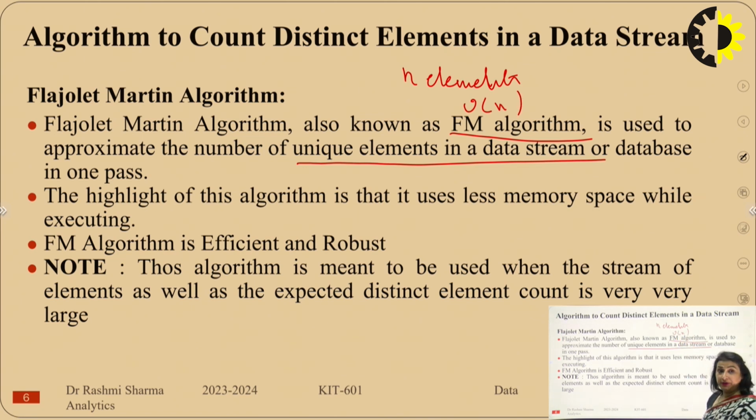I highlight that this algorithm uses less memory space while executing. Definitely this is a very efficient and robust algorithm because for processing n elements, it takes complexity of order of n.